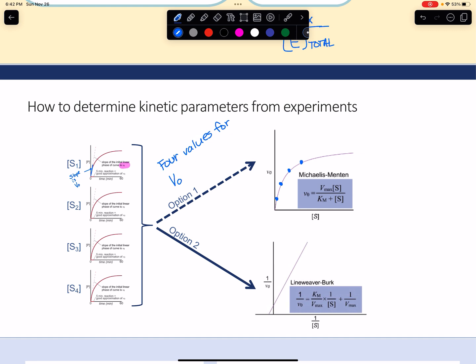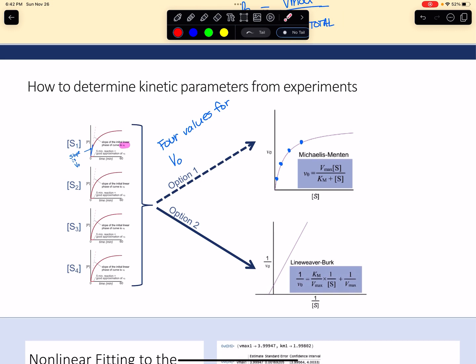All right, so there's 2 ways you can process this data, right? You can fit it directly to the Michaelis-Menten equation, okay? Now this equation defines this shape here, which is a rectangular parabola. It is not a trend line that you can use Excel for, okay? Nonlinear curve fitting, you can do in Excel, but it is a pain in the tuchus, I think.